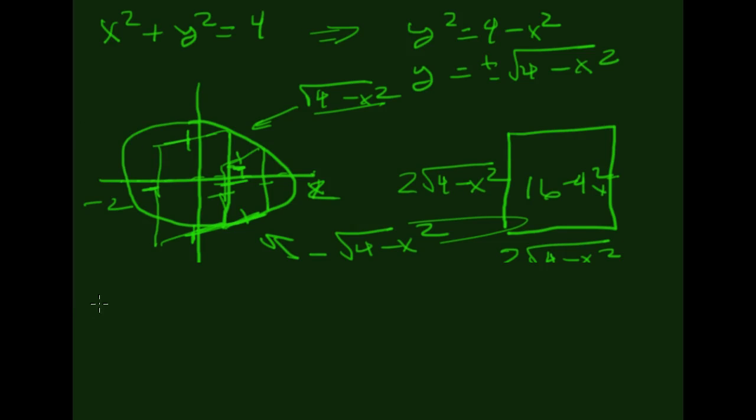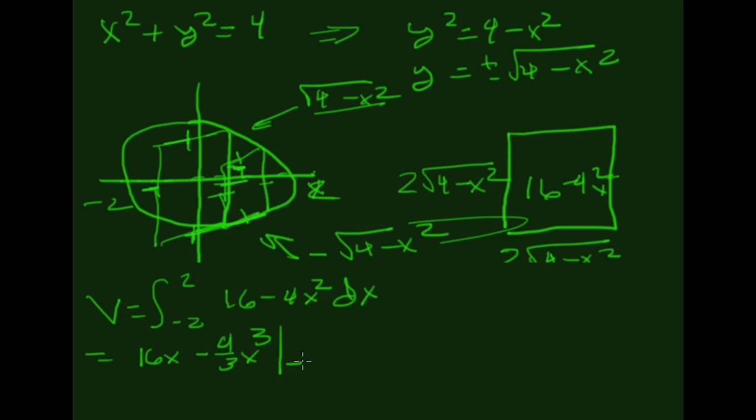Okay, a volume by taking the integral from -2 to 2 of 16 minus 4x squared dx. Okay, so let's see. This is 16x minus 4/3 x cubed from -2 to 2.